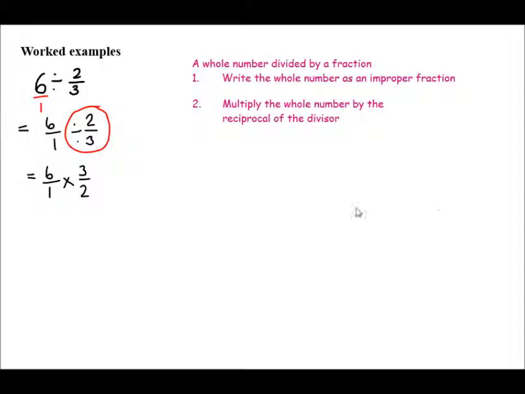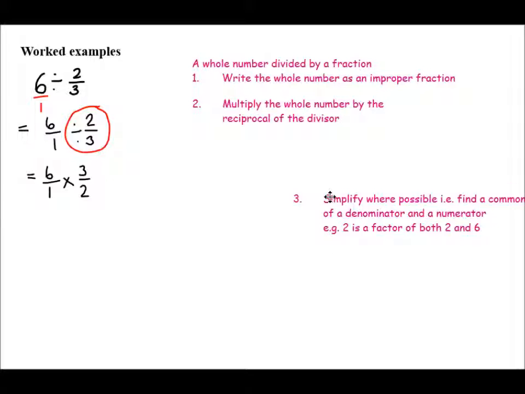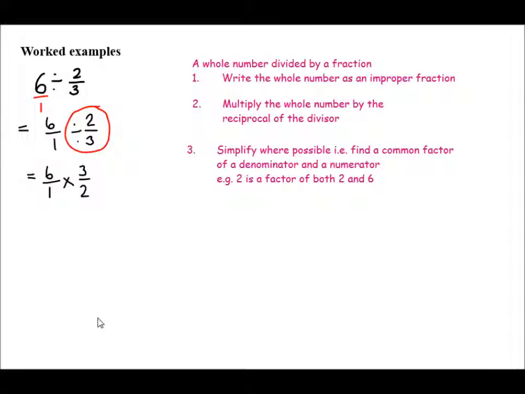Then, as usual, we try and simplify where possible. So 2 goes into 2 once, 2 goes into 6 3 times. Nothing else can simplify. So now I'm going to multiply the simplified numerators. 3 multiplied by 3 is 9. 1 multiplied by 1 is 1.